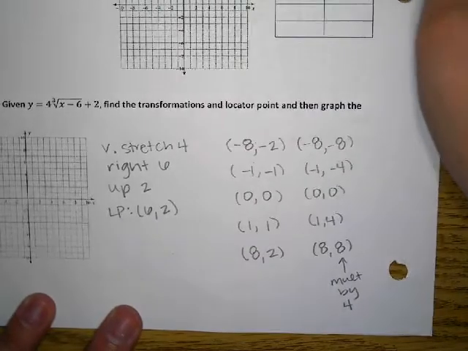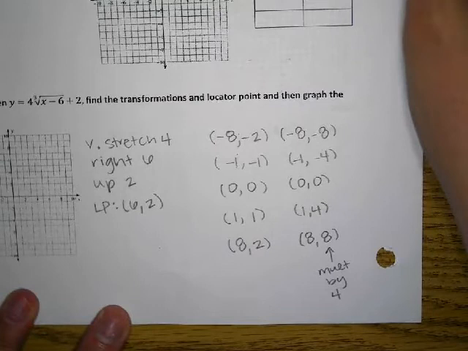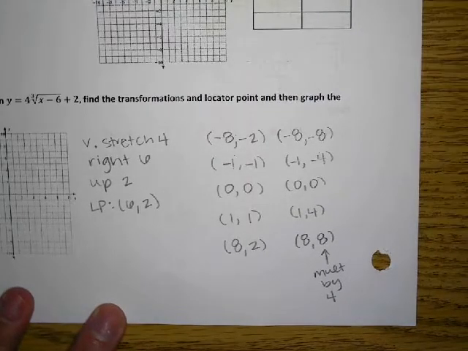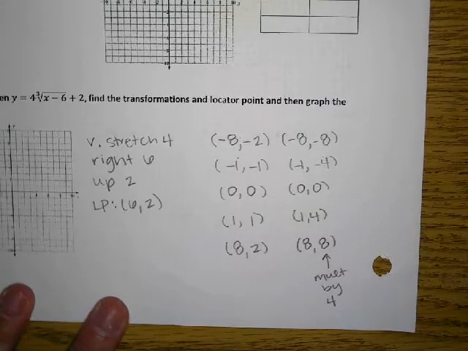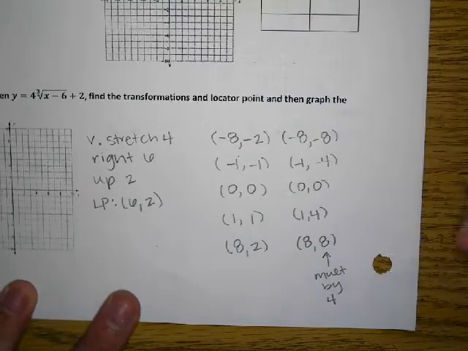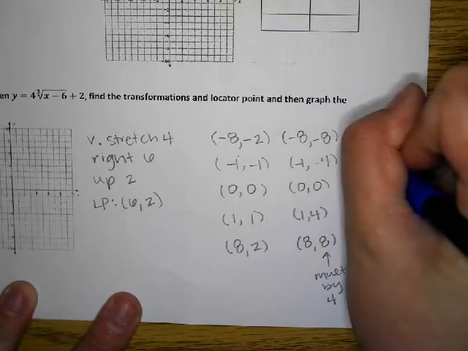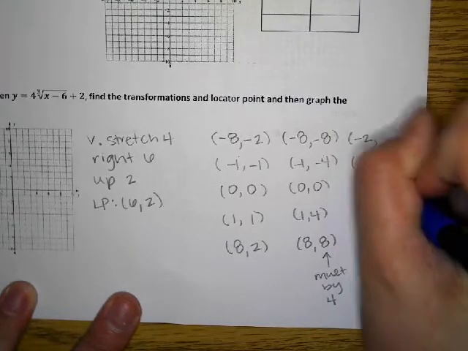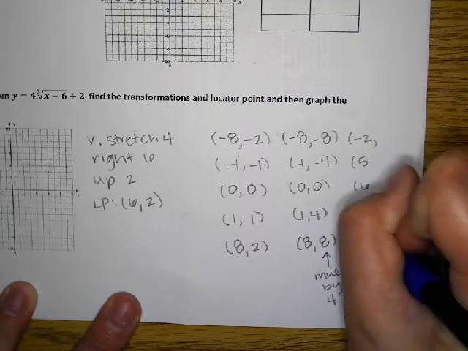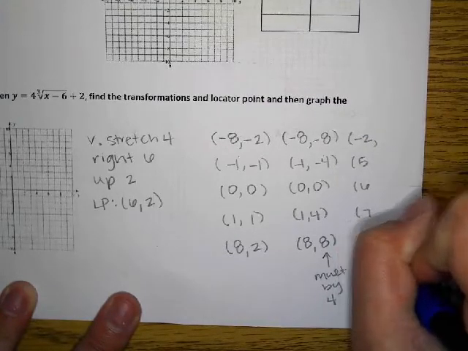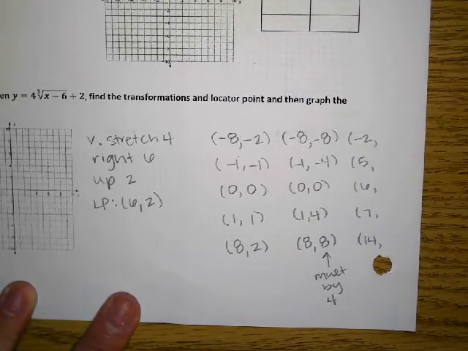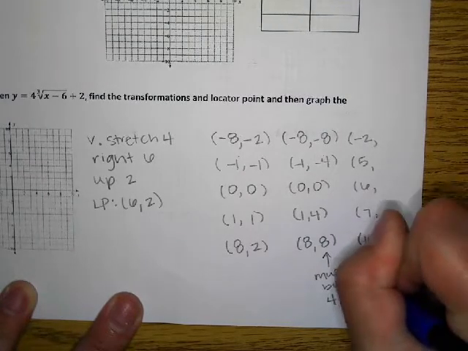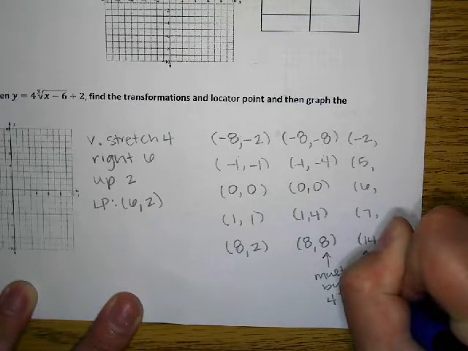Aside from the fact that we now have so many different tables, are you guys okay with doing the transformations to the points? That's making sense? Okay. How do we do to the right 6? Okay, add 6 to the x. Well, some of these points aren't going to fit on the graph. Okay. Just one. And then how do we move up 2? Okay. Add 2.